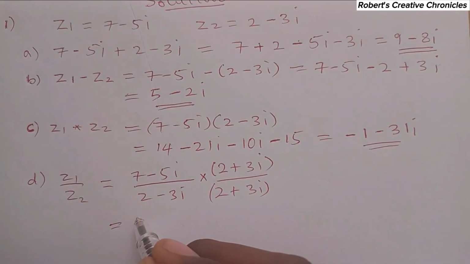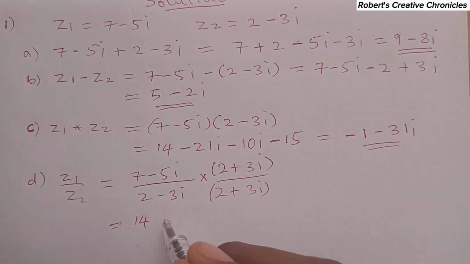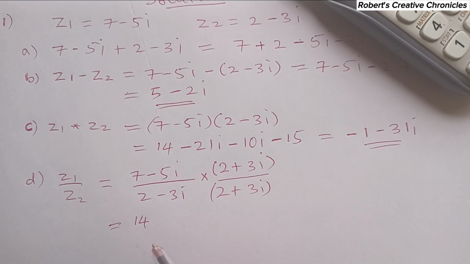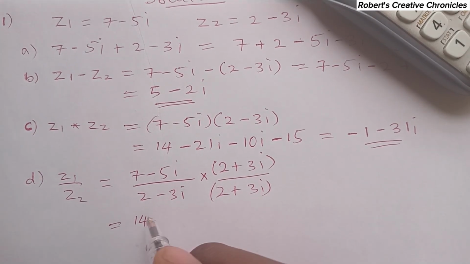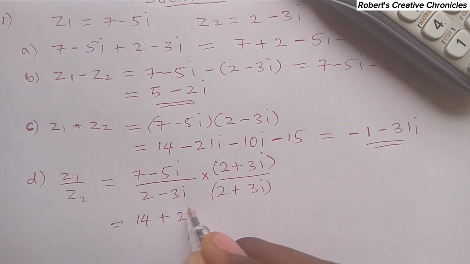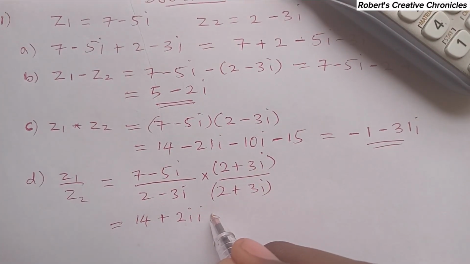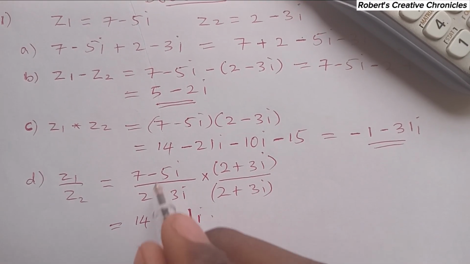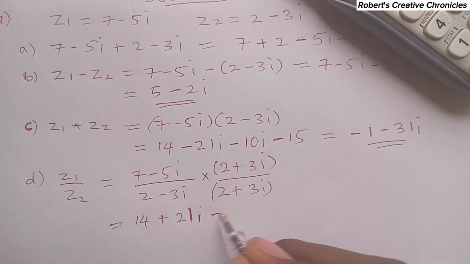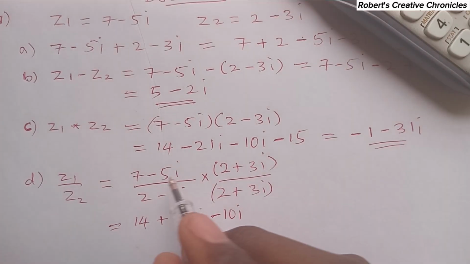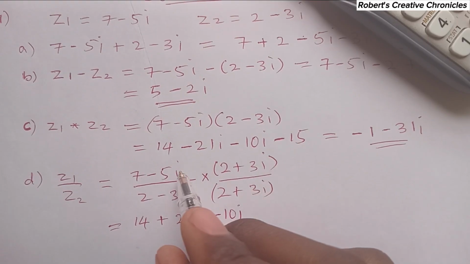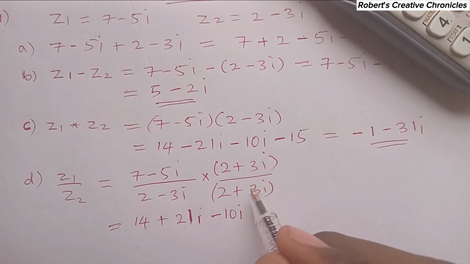Now, this times this is 14. Then 7 times 3 is 21, so 14 plus 21i. Then this is plus 21i. Then this is minus 10i. This one will give us minus 15. But there's a minus that will come here because of I squared. So it will be plus 15.